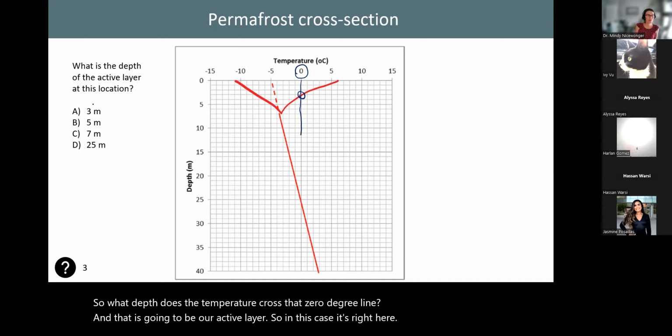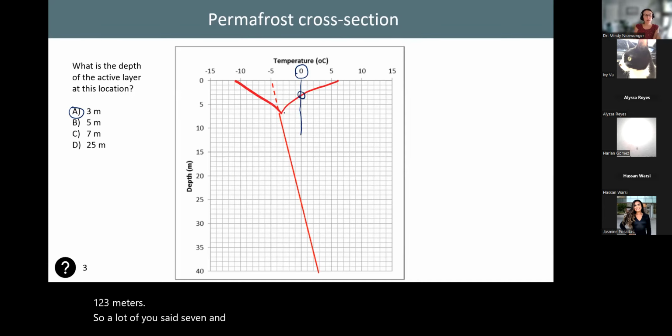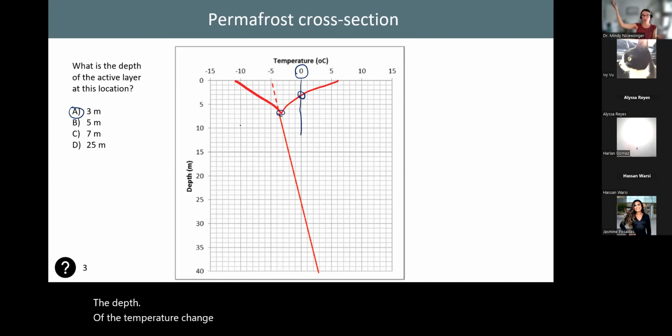1, 2, 3 meters. A lot of you said 7, and what you were probably looking at is this boundary, which is that point on the umbrella. But that is just where the depth of the temperature change occurs during the summer season.